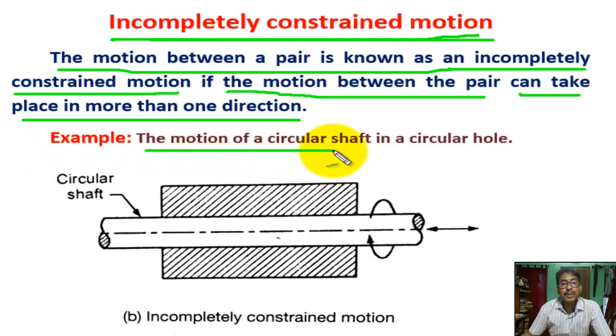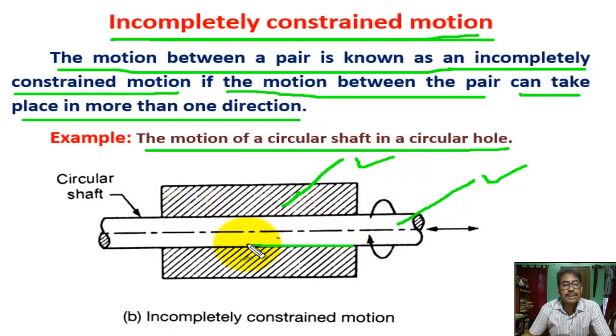For example, the motion of a circular shaft in a circular hole. This is the circular shaft. This is a circular hole.